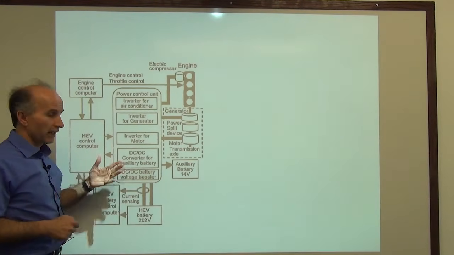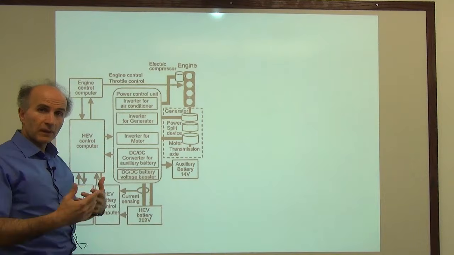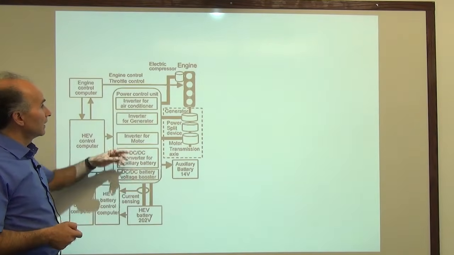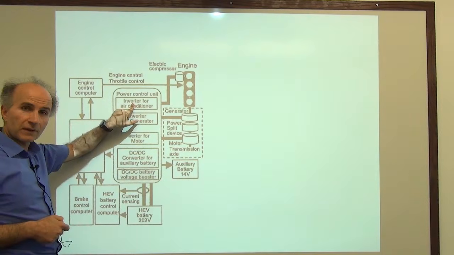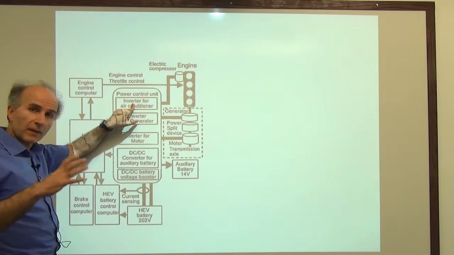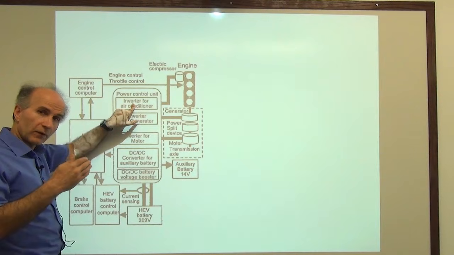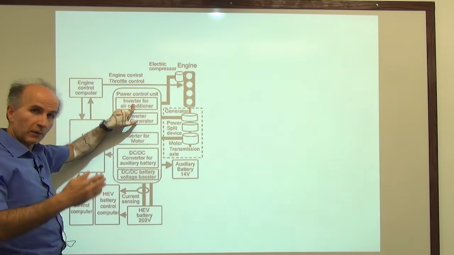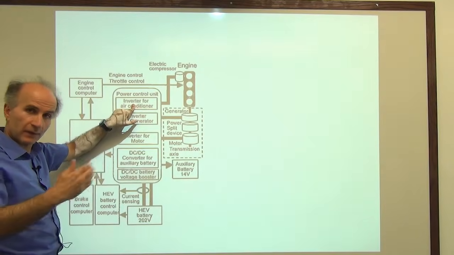Then we have various generators that interact with the battery and the engine. Here, these things are called inverters. Inverter means some sort of circuit that converts, for example, one DC voltage to another DC voltage, maybe 50 volts to 200 volts, and so on.